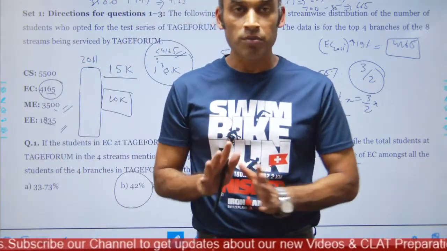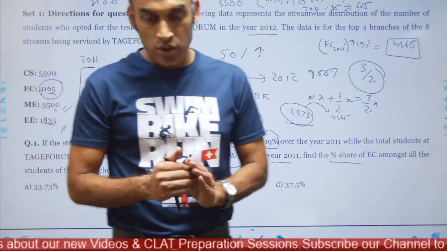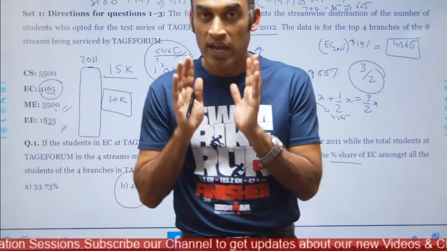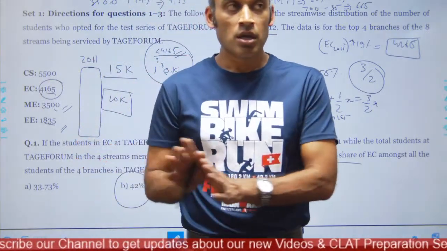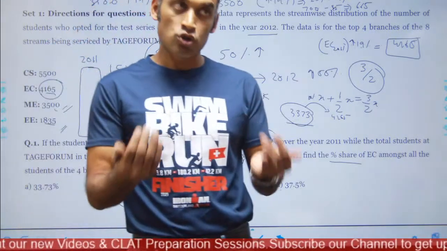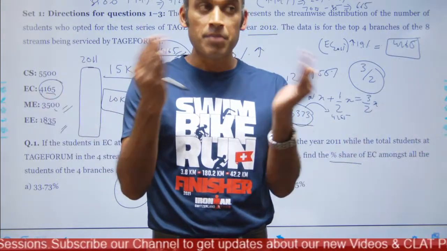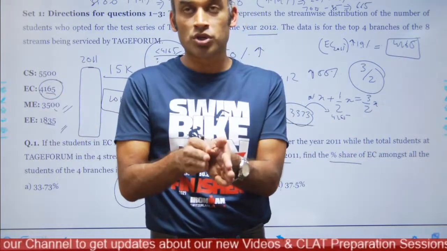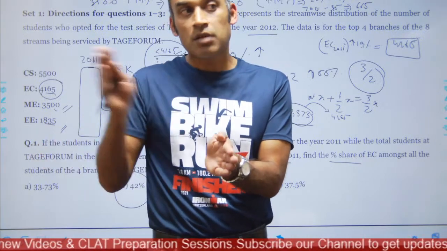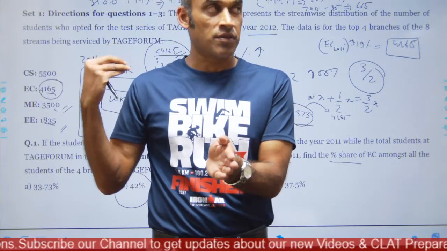So what is the learning from this question? First is my multiplying factor. I got to 10,000. Second thing is I don't have to calculate 19%. I struck one option, which was 42%. My answer has to be less than 42%. I've got three options in front of me. I pick the middle option, and from the middle option, I calculate 19% of it. It was sheer luck that we got 4165.